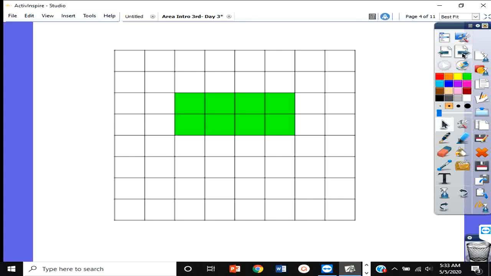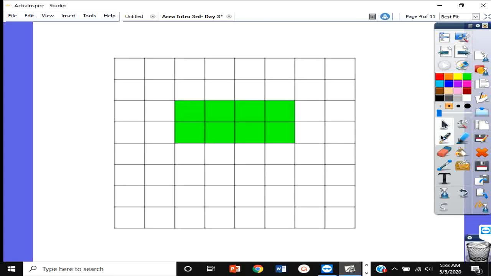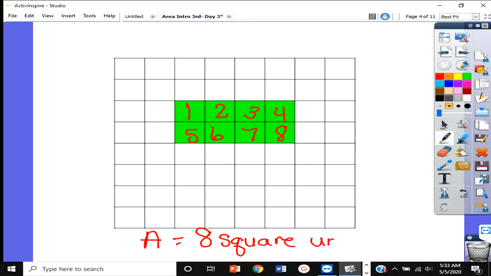So let's count our squares. 1, 2, 3, 4, 5, 6, 7, 8. It took 8 squares to fill the inside of that rectangle. So the area of that rectangle is 8 square units.